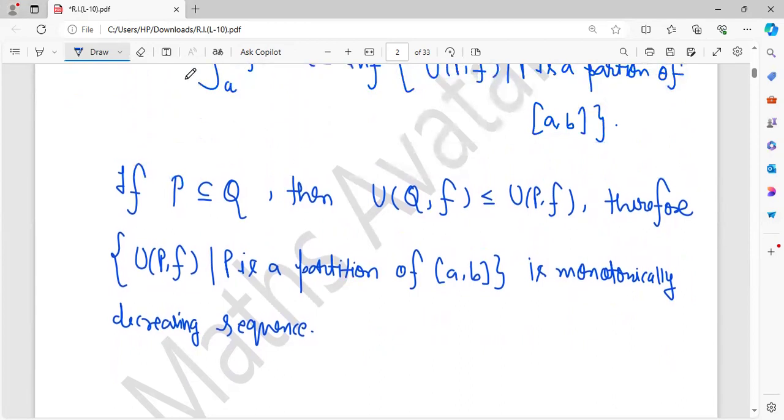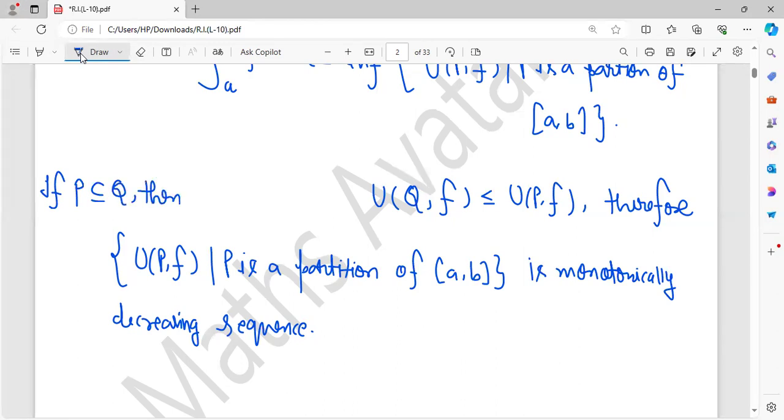One more thing you write here: if P is contained in Q, then the norm of Q is less than the norm of P, and U(Q, f) is less than U(P, f).